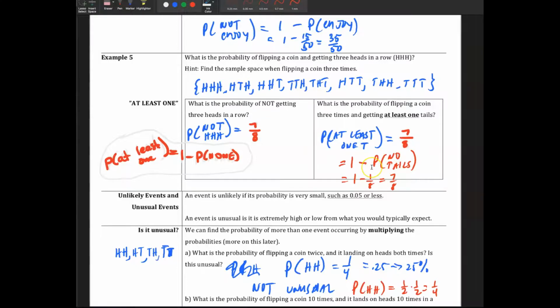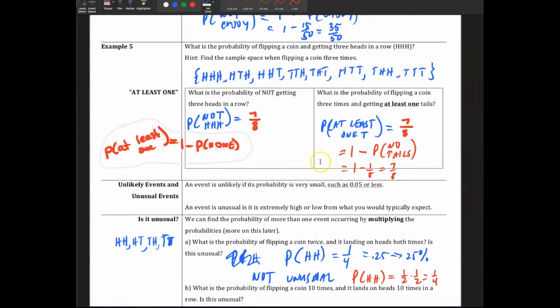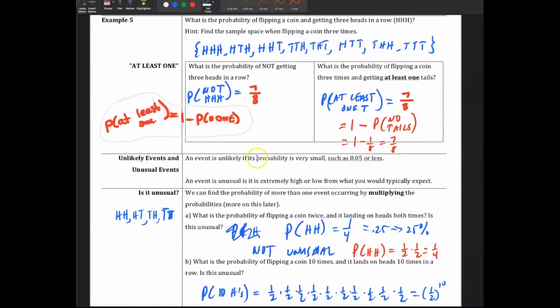They're related in complementary ways. You want to make sure you understand that connection, because many times once you make your interpretation, you can solve the problem using an at least one representation, using a complementary calculation.